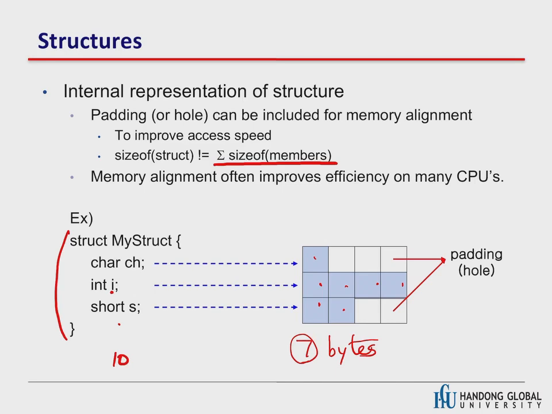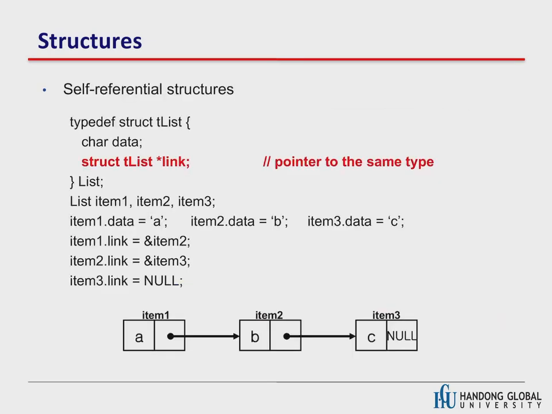So memory alignment will improve the efficiency on many CPUs. Basically, it's based on 4 bytes or 32 bytes or something. So instead of having this ugly number, we can have padding here. So now we have 12 bytes instead of 7 bytes. Now, in the memory structure, we have a beautiful alignment here. So yes, we have a little loss of memory space, but that's okay.